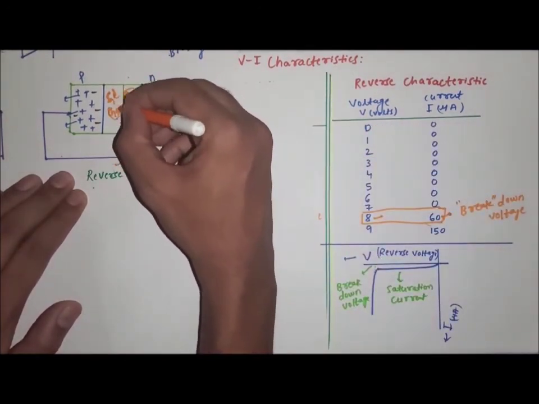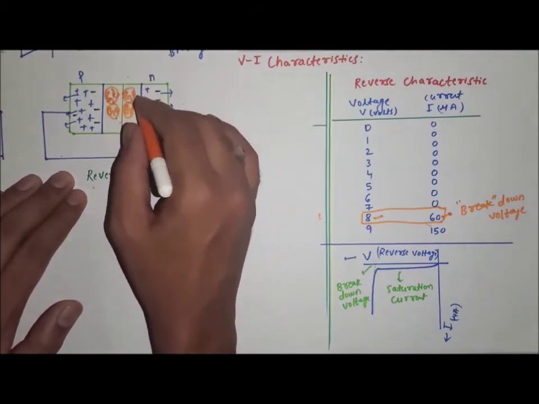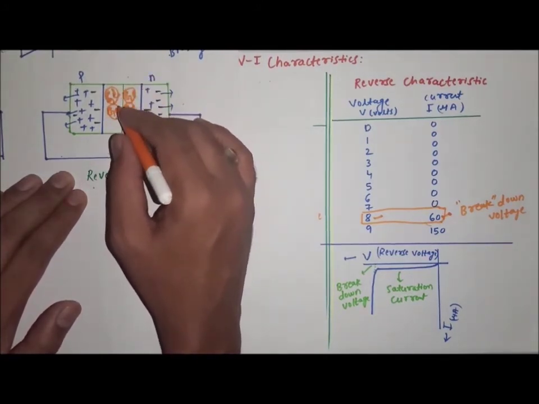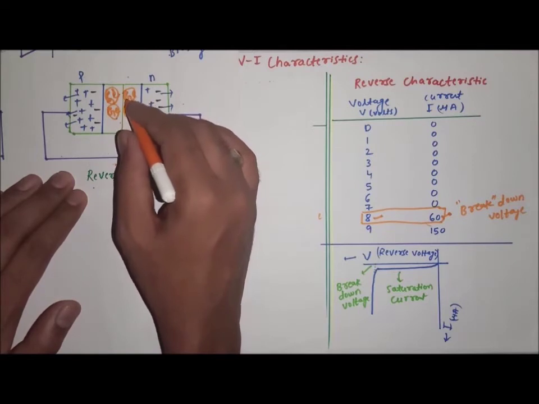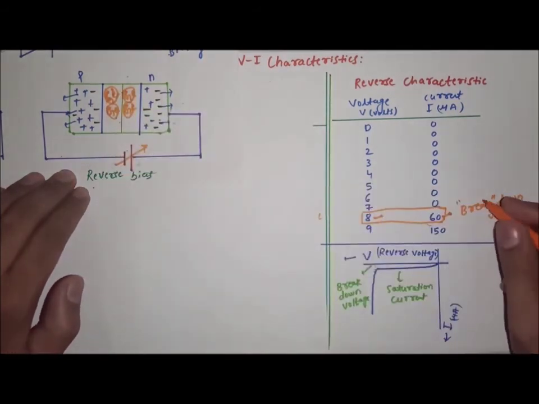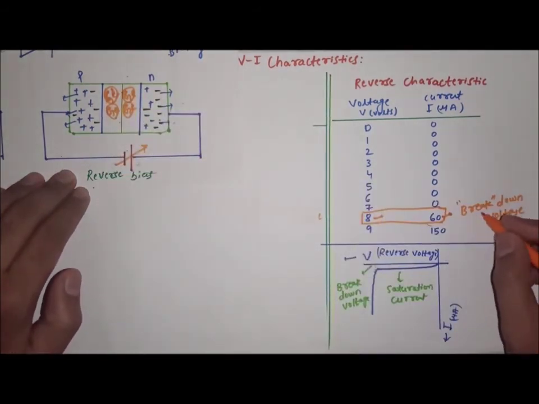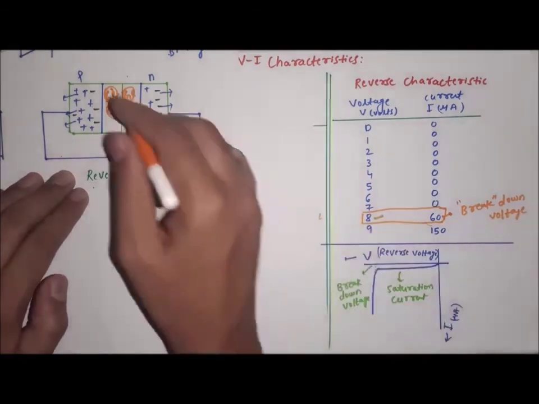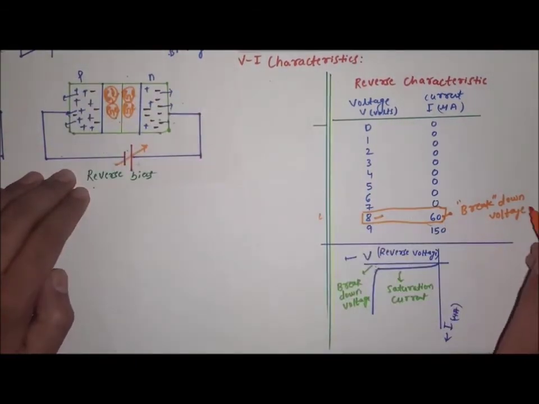These bonds, the bonds of germanium and impurities added, will break. After breaking, some electrons will become free, and that produces the current, and that is why the term break. So breaking of covalent bond indicates breakdown.